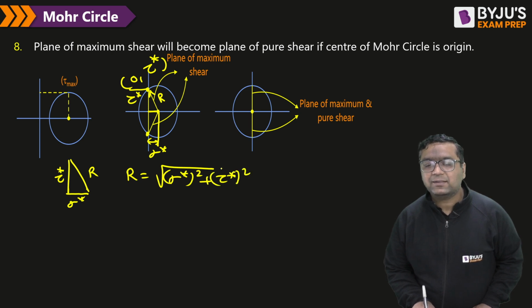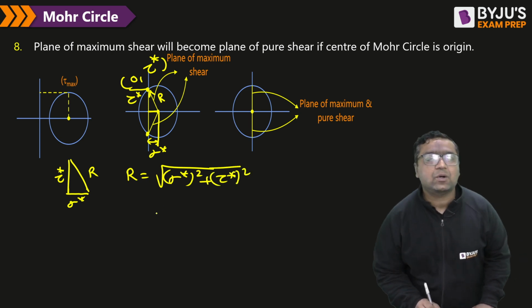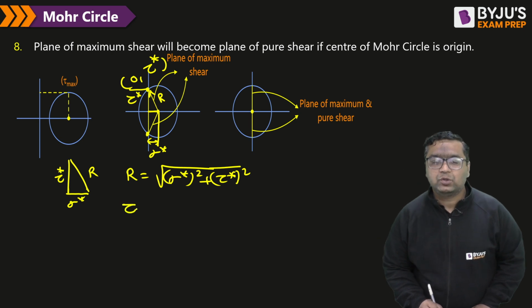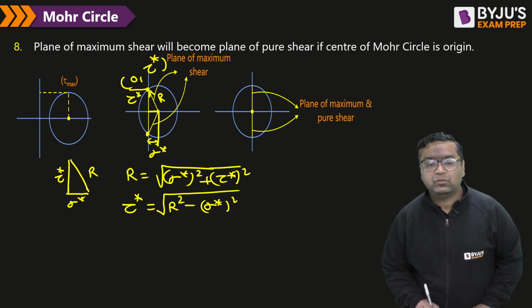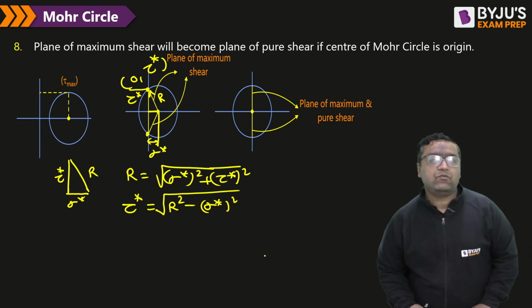But we are interested in the shear stress on the plane of pure shear. So tau star can be written as the square root of radius squared minus sigma star squared. That will give you the shear stress at the plane of pure shear.